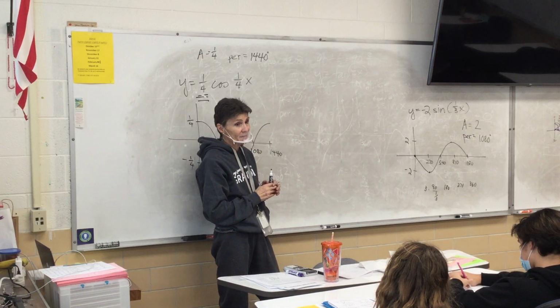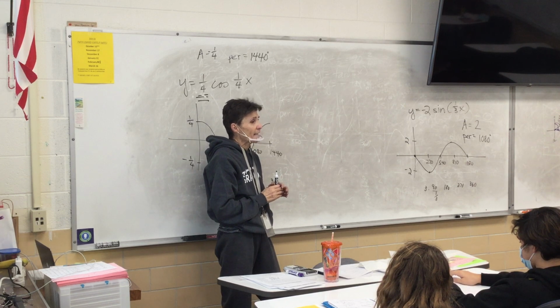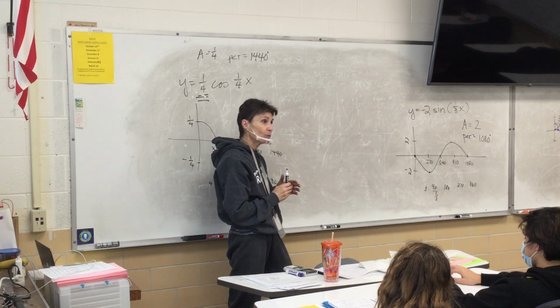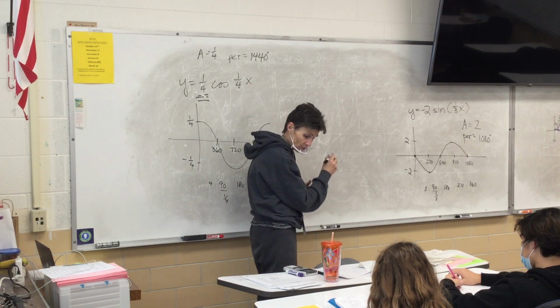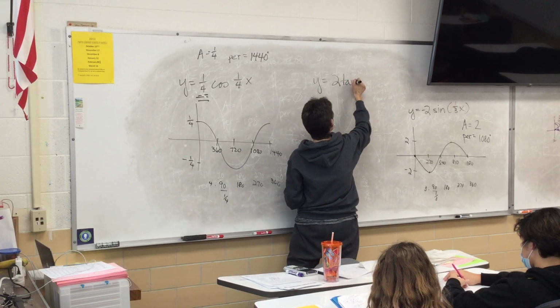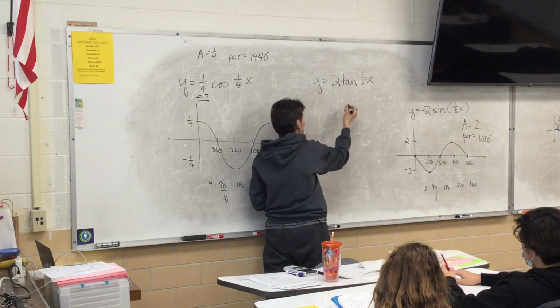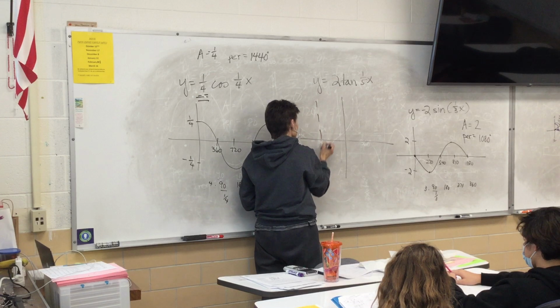What do we know about tangents? They don't have that, so you're going to ignore that too. Okay, because it's a tangent problem. Now don't ignore it if it's a sine or a cosine, but because it's a tangent, we're going to ignore that. Because that number multiplies height, and tangents do not have height.